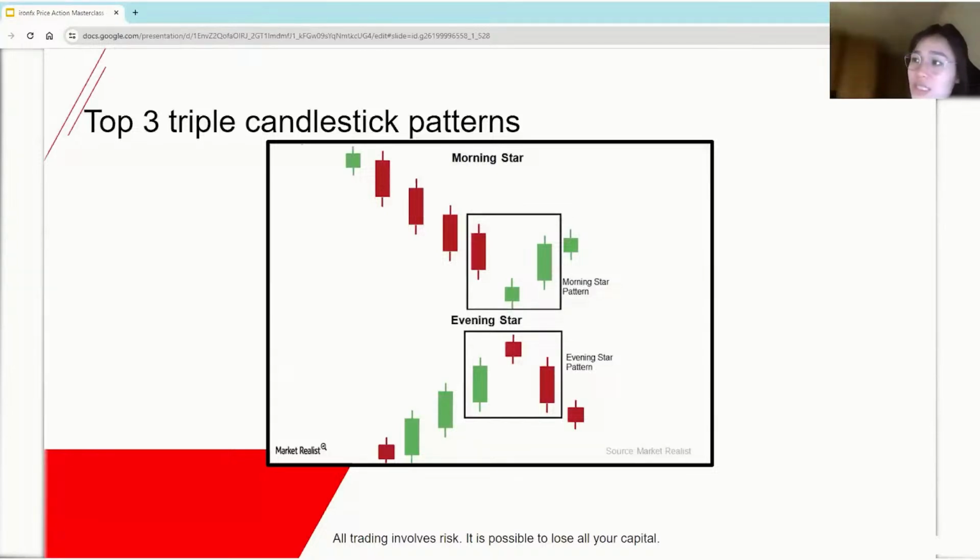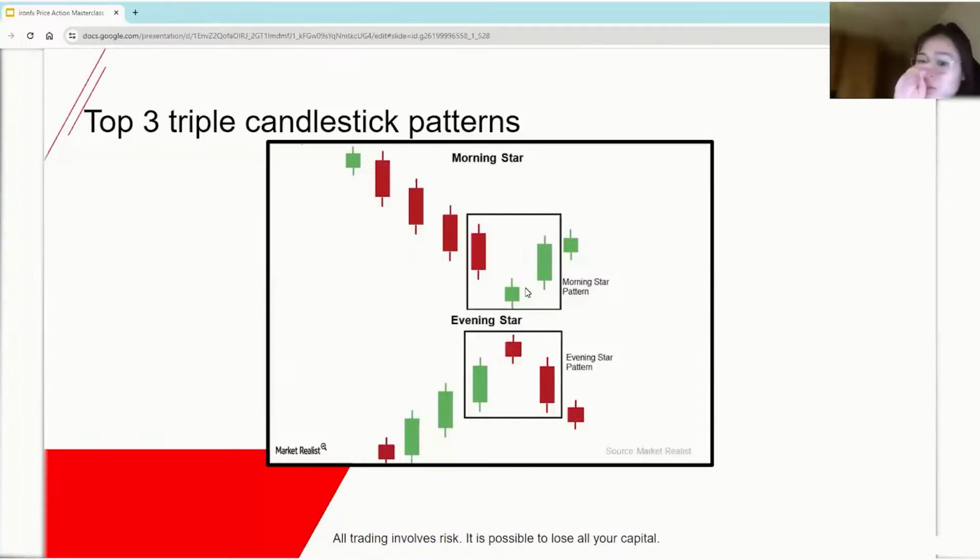Okay, so the morning star typically occurs at the end of a downtrend. That's why we say it's a reversal. So the first candle, which is this red one, is a long bearish candle, which indicates a strong downtrend. Whereas our second candle tends to be a smaller shape, can be bullish or bearish actually, that gaps down and shows indecision in the market.